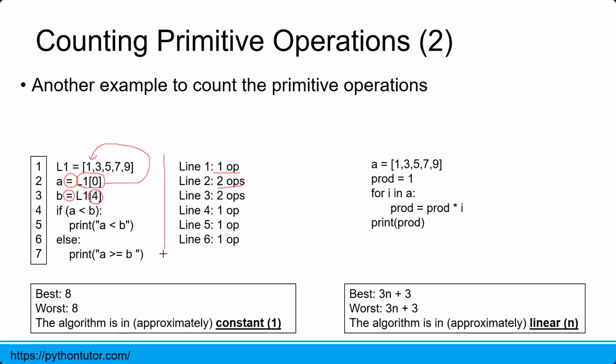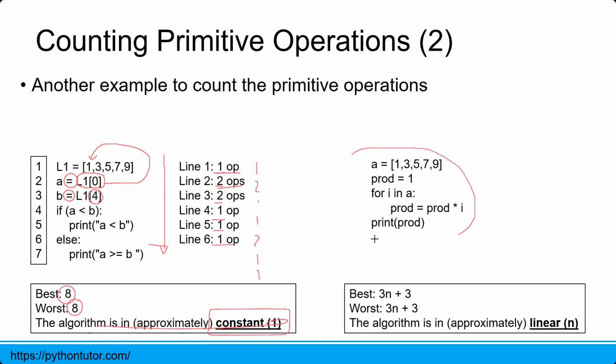When we do this one, if we calculate 1 plus 2 plus 2 plus 1 plus 1 plus 1, then there will be 8 operations. The best case is 8 operations and the worst case is 8 operations. So it is approximately constant because we have only 1 or 2, 1, 1, 2, 1, 2. So the operation count will be about 1 something. We can say this is just constant.